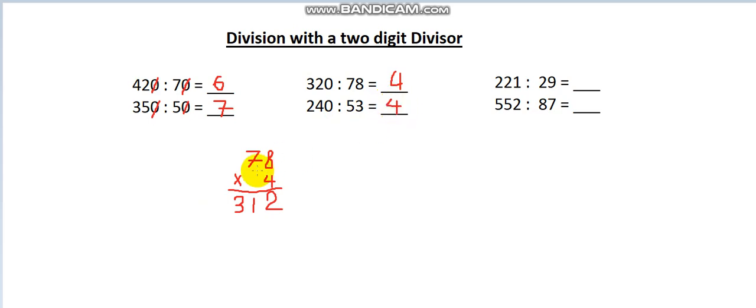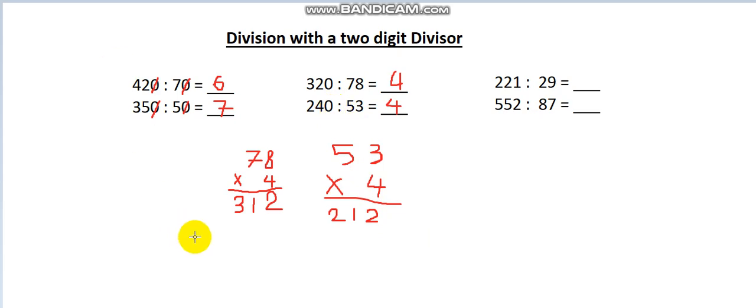Again, to test this, I would do the multiplication 53 times 4. And if I do this multiplication, I get the answer 212. Now, could I fit another 53 in here without passing 240?